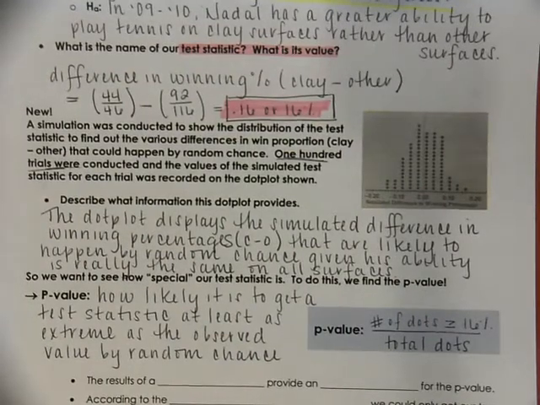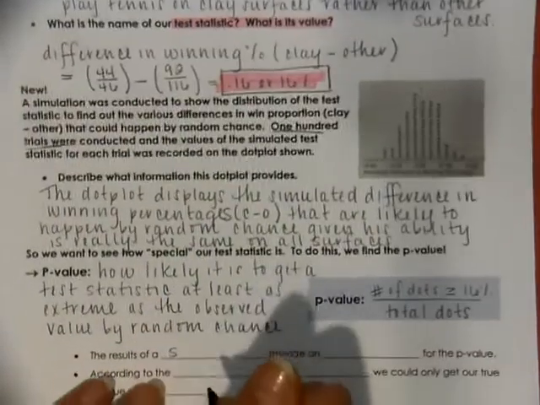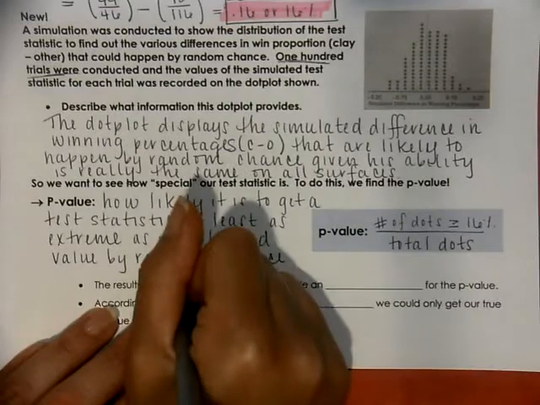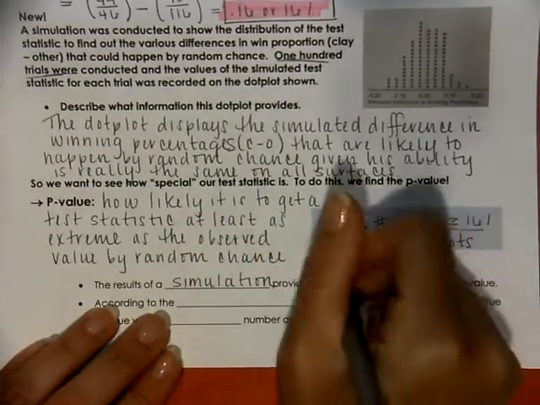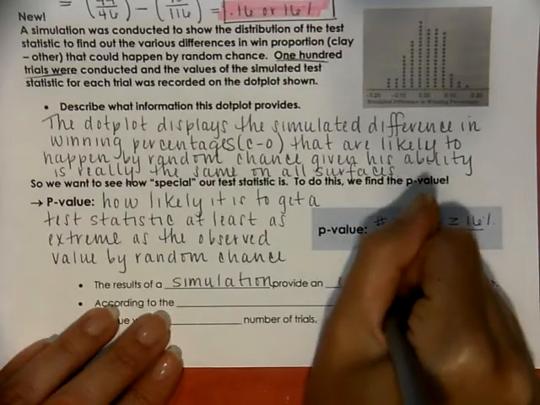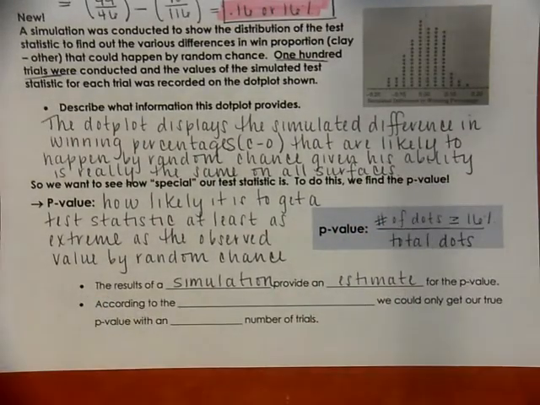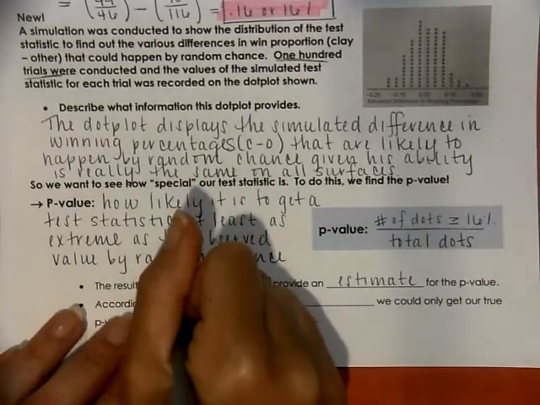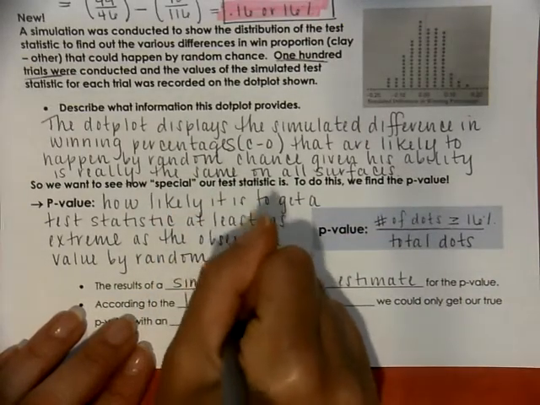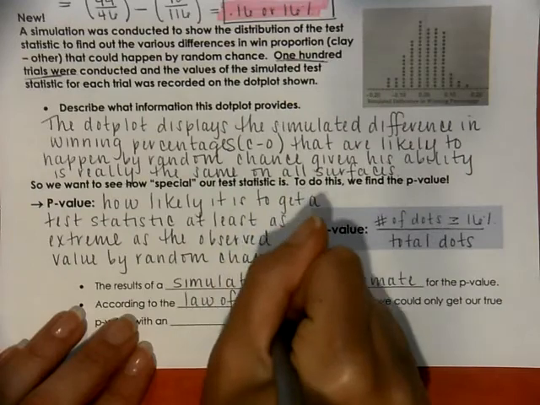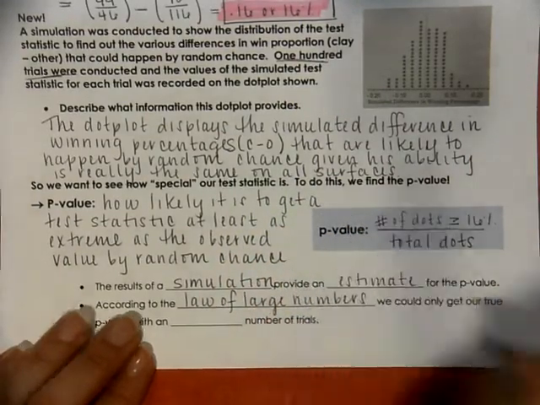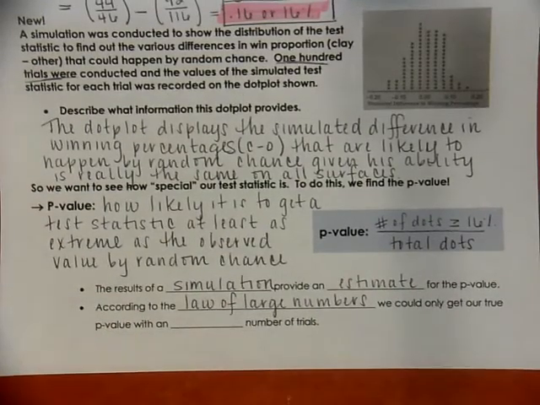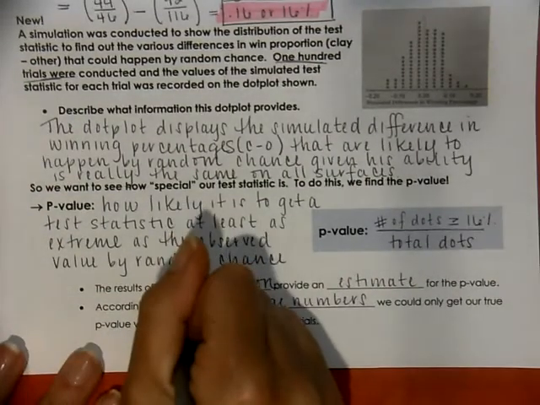So the results of the simulation provide an estimate of the p-value, according to the law of large numbers. We could only get our true p-value with an infinite number of trials.